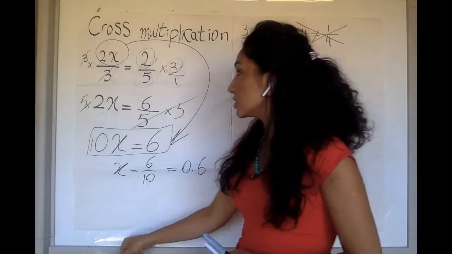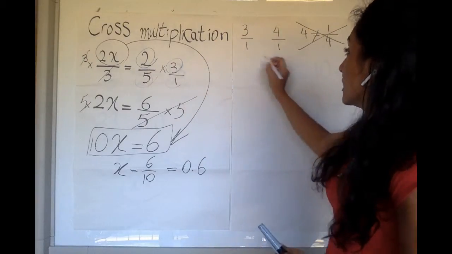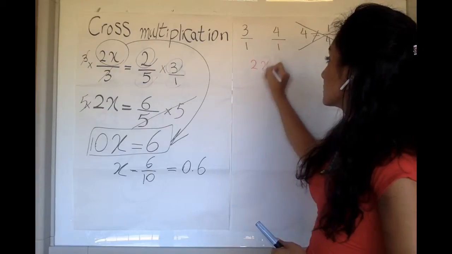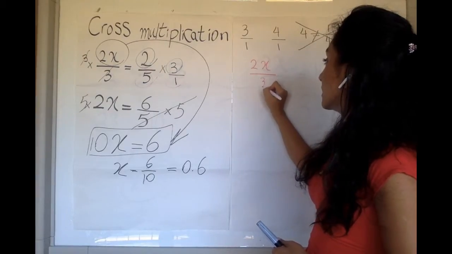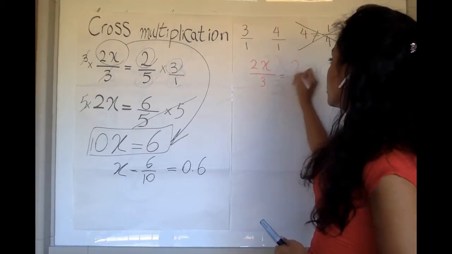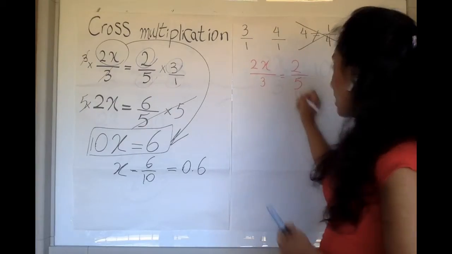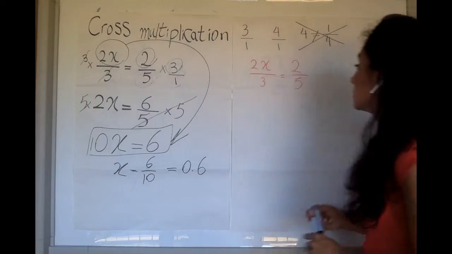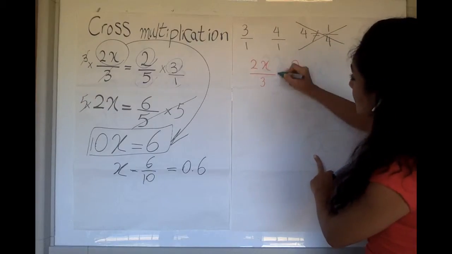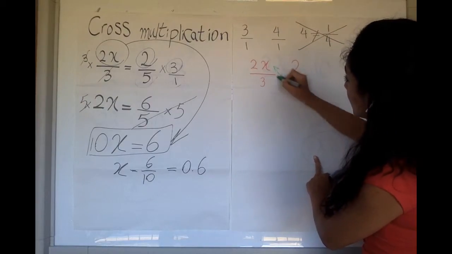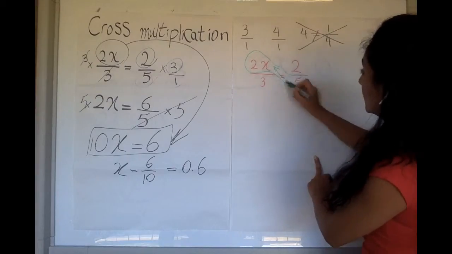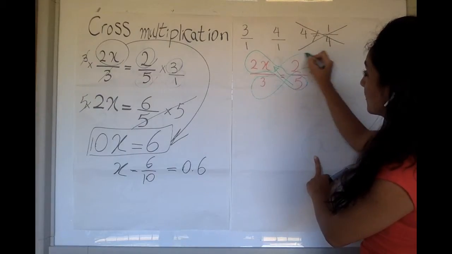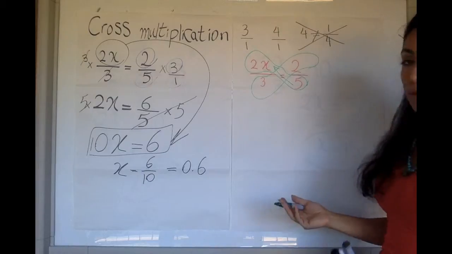Cross multiplication says that if I have 2x over 3 equals 2 over 5, this times this equals that times that. Why is that?